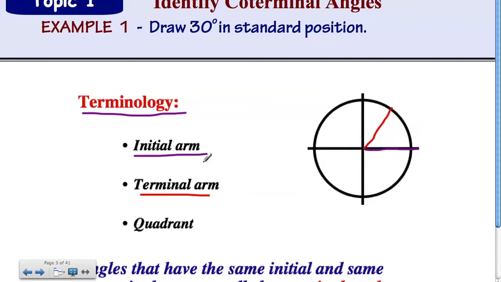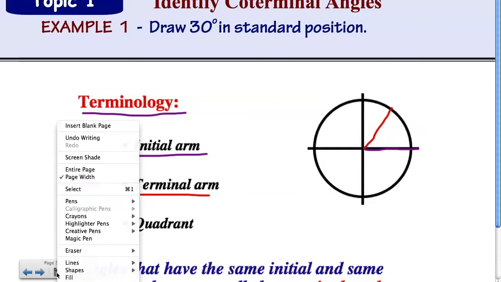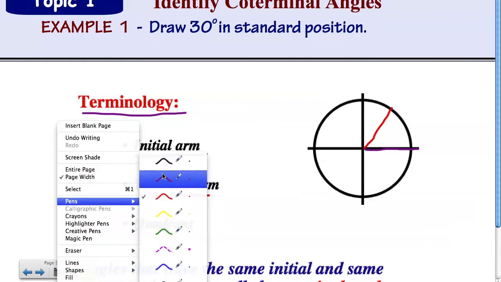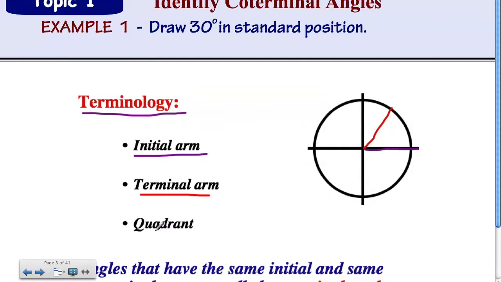All right, and now what you need to know is that when you're dealing with these quadrants, back in grade 11 we were taught that this is quadrant 1, quadrant 2, quadrant 3, and this is quadrant 4.